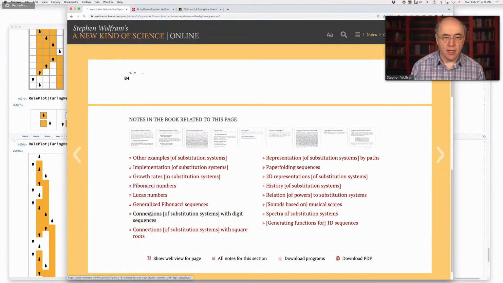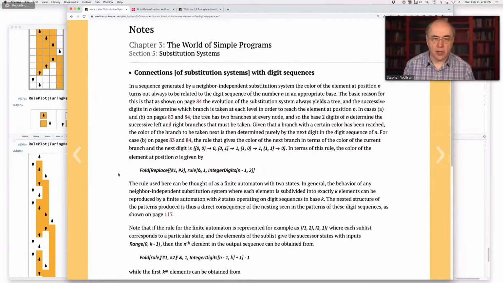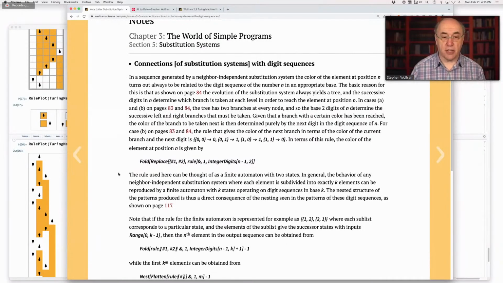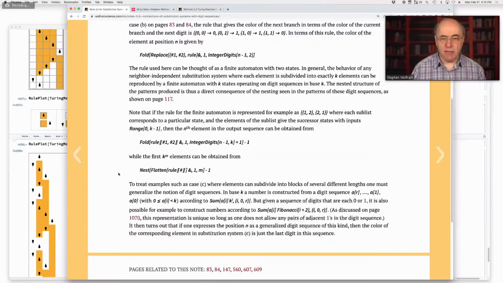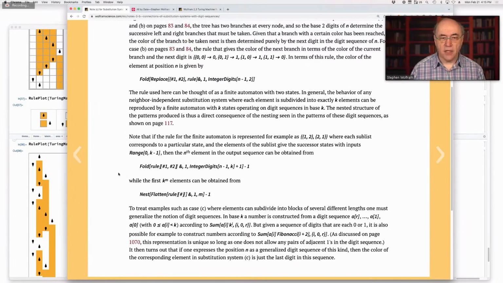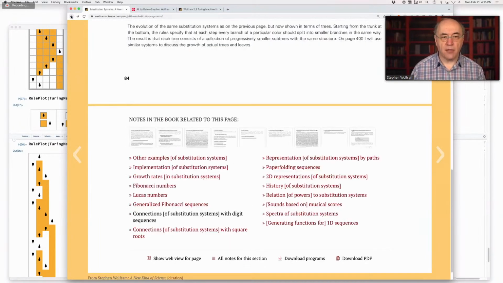Okay, so there's a very close connection between substitution systems and digit sequences. Essentially, what's happening is that as you do that subdivision, you're kind of exploring, well, you can think about it in terms of a binary tree. Every branch of the binary tree can be labeled by a different digit sequence.